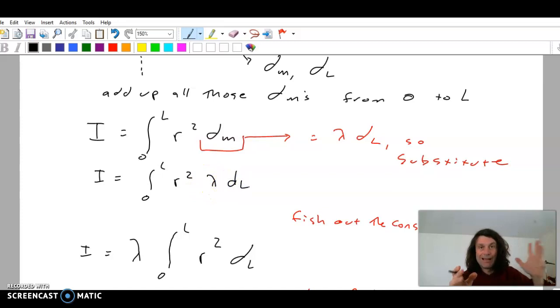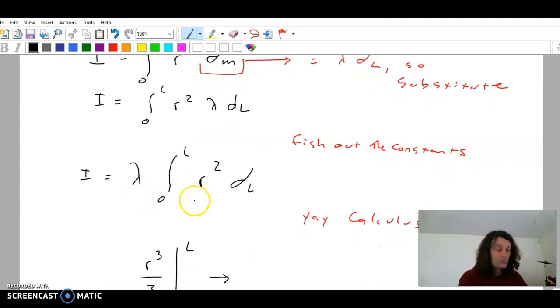That's it. Now, out of that R squared lambda and dl, the only thing that doesn't change in this example is the lambda. That lambda stays constant, but the R goes from 0 all the way to L. So that R is what's changing. So I'm going to fish out the lambda. It becomes the integral from 0 to L of R squared dl. Now it's set up.